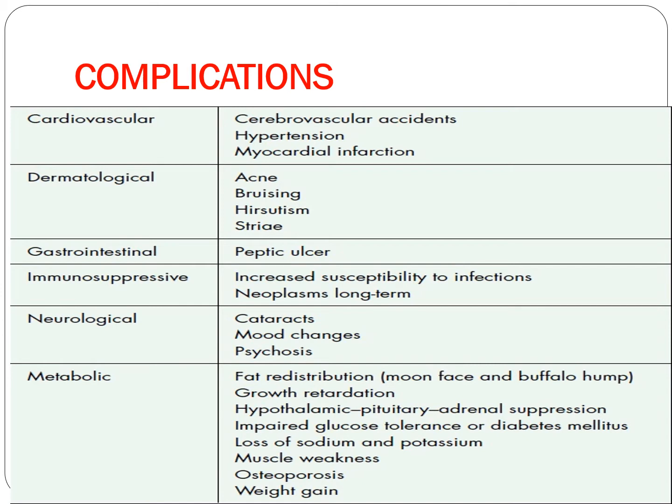Neurological like cataract, mood changes and psychosis. Metabolic like fat redistribution that we already told, moon face or buffalo hump. Growth retardation, hypothalamic pituitary adrenal suppression, impaired glucose tolerance or diabetes mellitus, loss of sodium and potassium, that is hyperkalemia like that, muscle weakness, osteoporosis and weight gain.